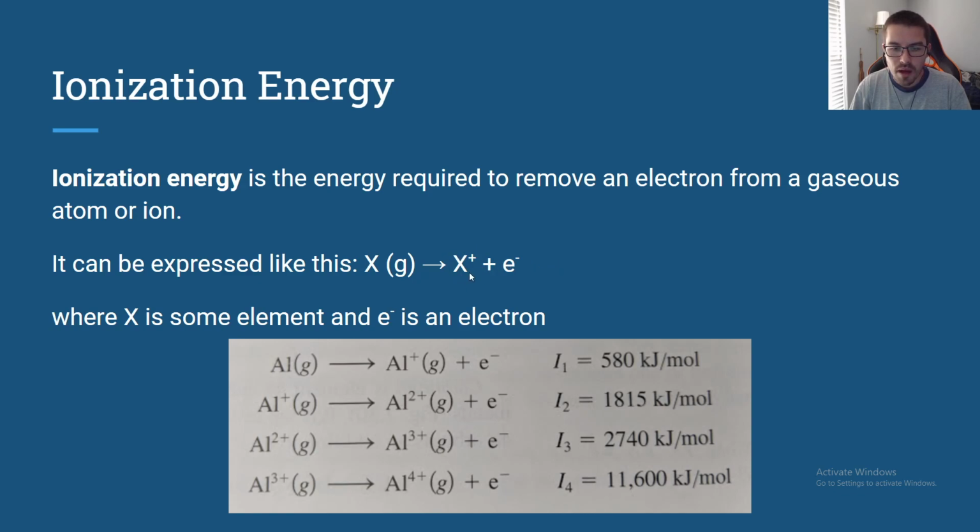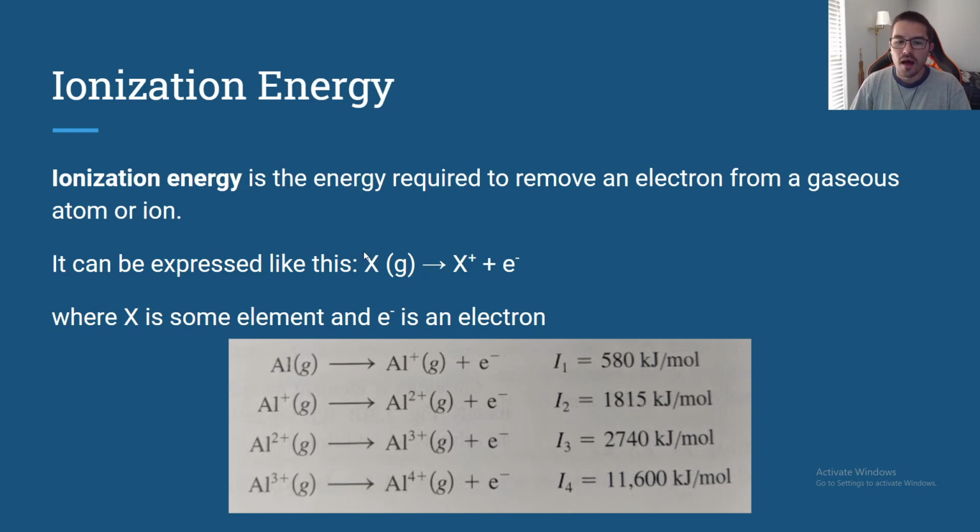And so you end up with a positively charged ion plus the electron that we lost, okay? So the ionization energy is the amount of energy required for this process to happen, okay?